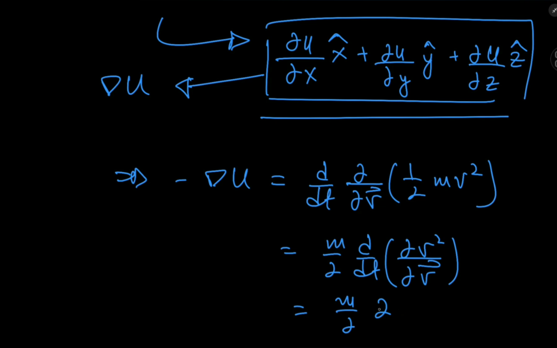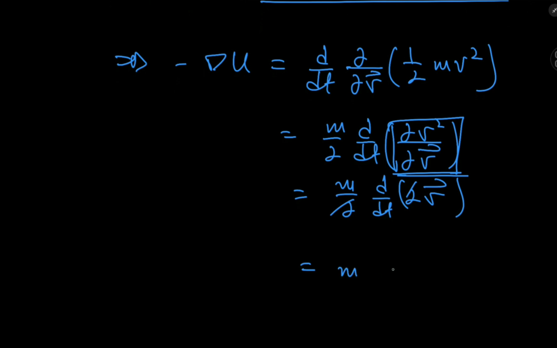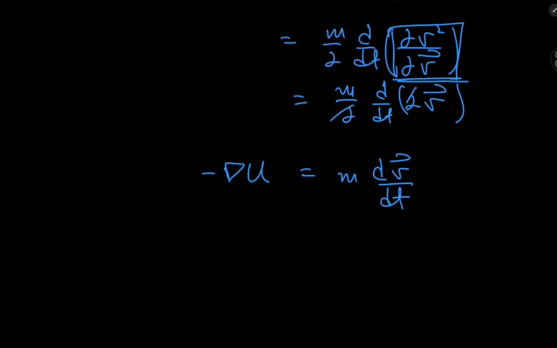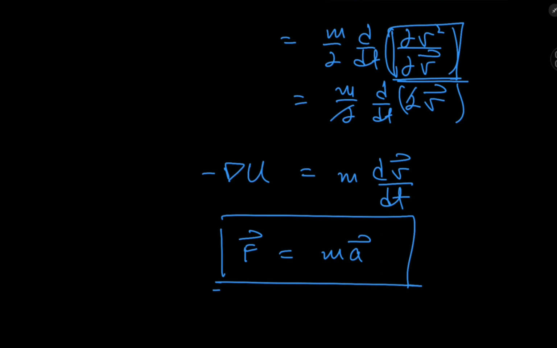So we have d by dt, and this results in twice the velocity vector. So the 2's cancel out quite nicely, and we're left with m times dv by dt, which we recognize as the acceleration. And of course, the negative gradient of the potential energy function is the force vector. So we have force equal to mass times acceleration, and we've derived Newton's second law.